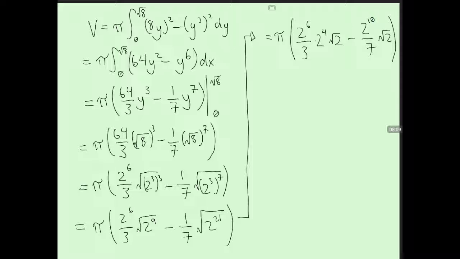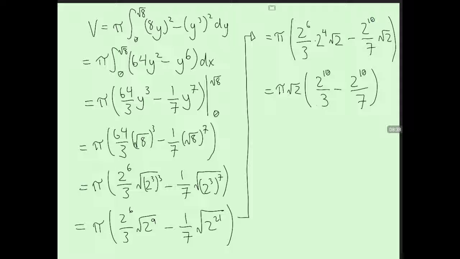So we can bring the square root outside of these brackets. So we have pi times square root of 2, and these combine to form 2 to the 10 over 3 minus 2 to the 10 over 7.